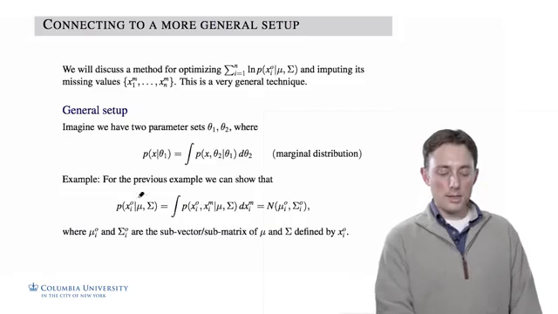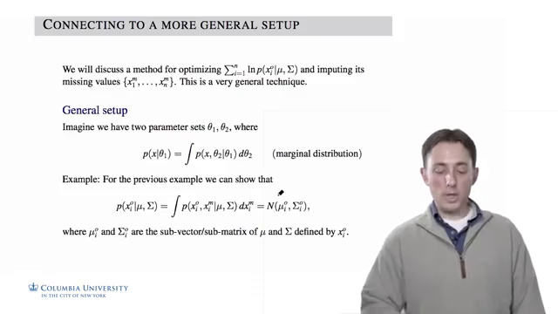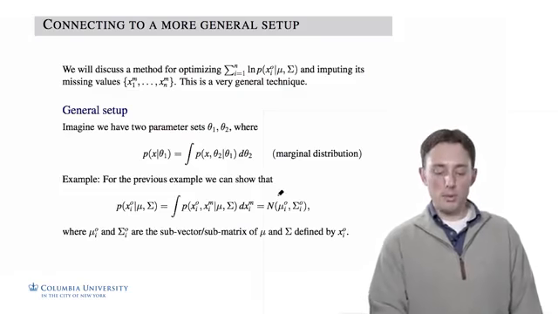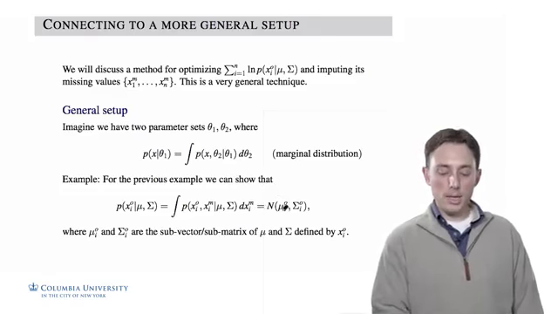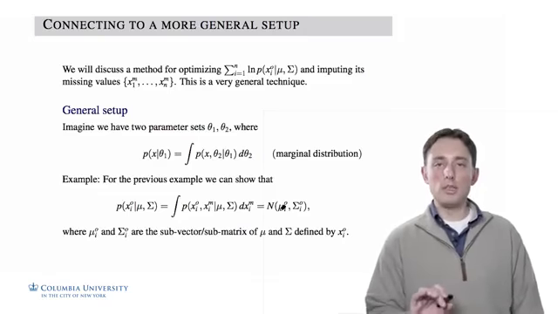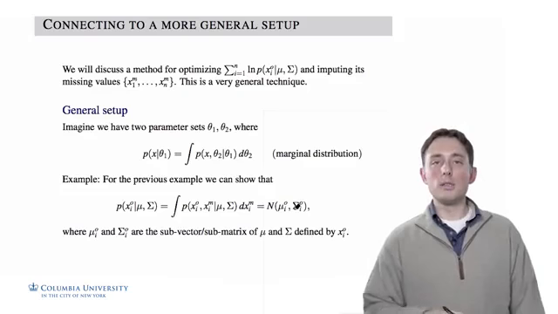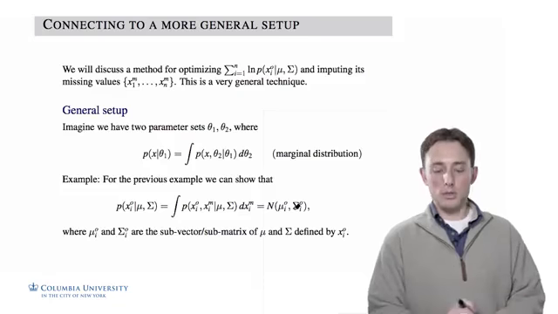We can write this distribution as an integral over the missing portion of the vector, and we can show, I'm not going to derive it, that it is equal to a multivariate Gaussian, where the mean is equal to the portion of the mean vector restricted to the observed dimensions, and the covariance is equal to the submatrix formed by only considering the observed dimensions.